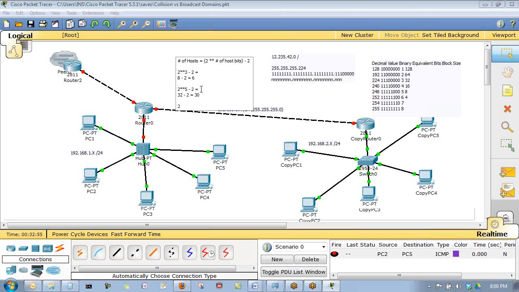It's 2 raised to the power of the number of subnet bits is equal to the number of subnets. So I've got 4 subnets to create. Can someone tell me how many bits I need? 2 raised to the what is going to give me 4?